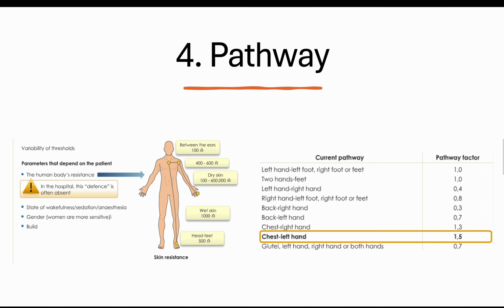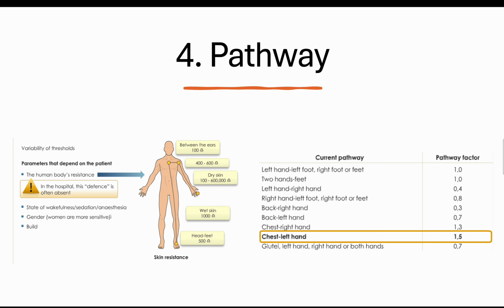Different tissues in the body offer different levels of resistance. For example, as we spoke about earlier, dry skin has a higher resistance than wet skin. The resistance of tissues along the pathway affects the amount of current that flows through them.